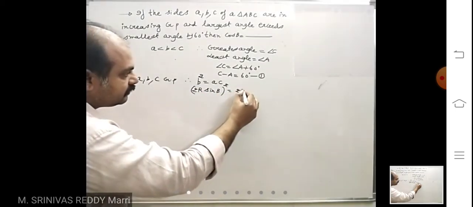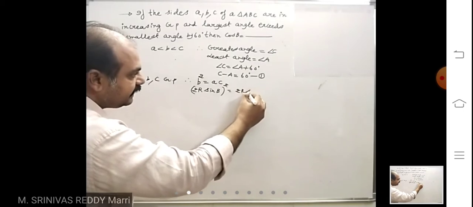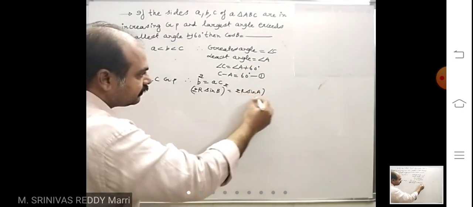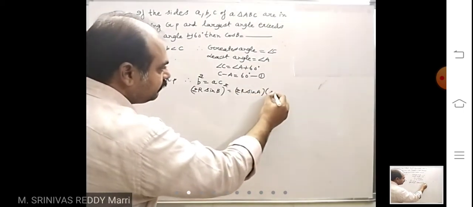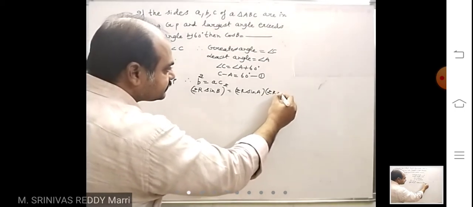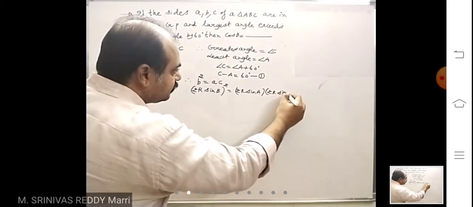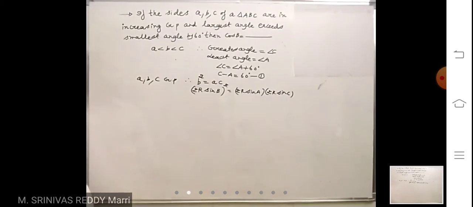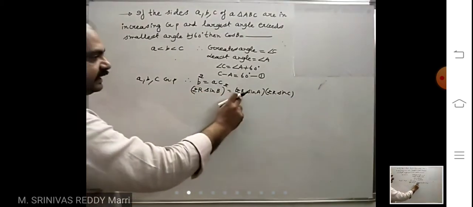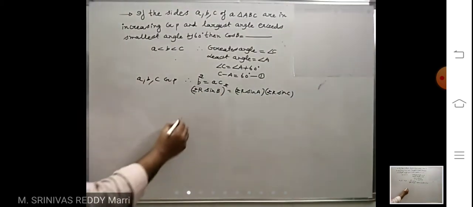equal to 2R sine A into C, which is 2R sine C. So here 4R square is there. Here 2R into 2R means 4R square.